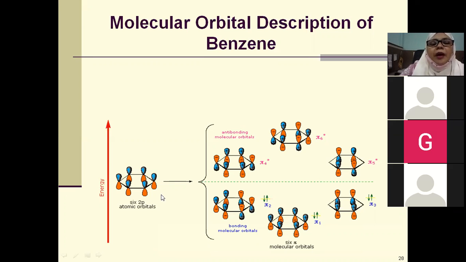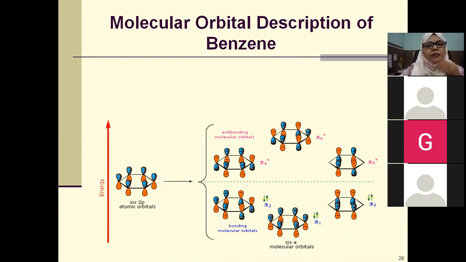And this dotted line divides the bonding molecular orbitals and anti-bonding molecular orbitals of benzene. These 6 pi electrons which are there in the benzene are going to form bonding molecular orbitals, not the anti-bonding molecular orbitals.